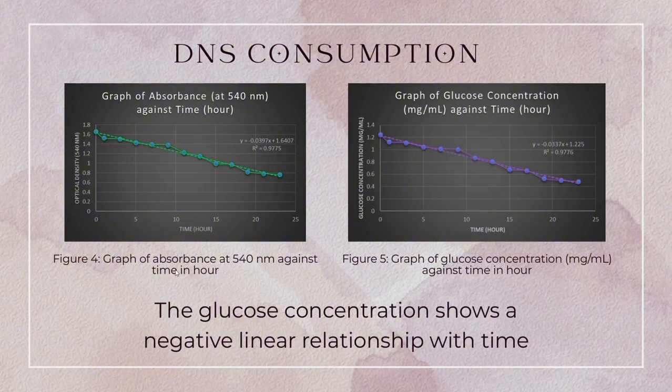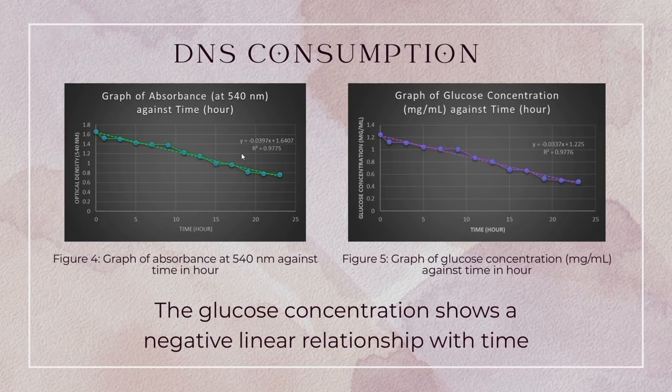From the graph, we can see the glucose shows a negative linear relationship with time. This means that as time increases, the yeast consumes more glucose, so the glucose is decreasing. From figure 5, I get the linear equation y equals negative 0.0337x plus 1.225, with r square value equal to 0.9776.